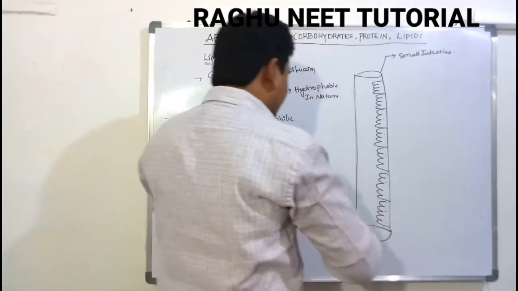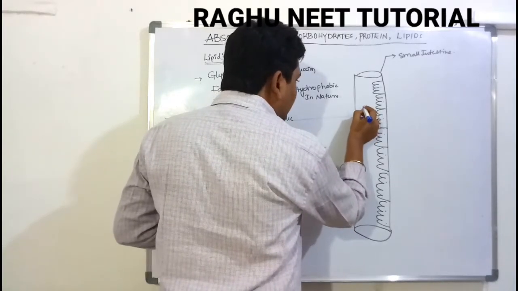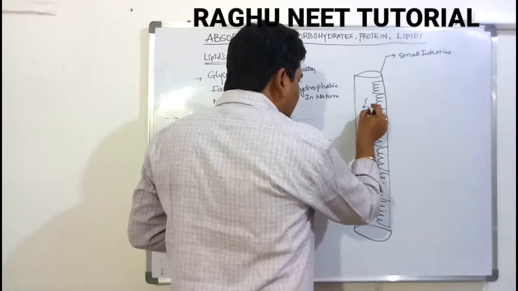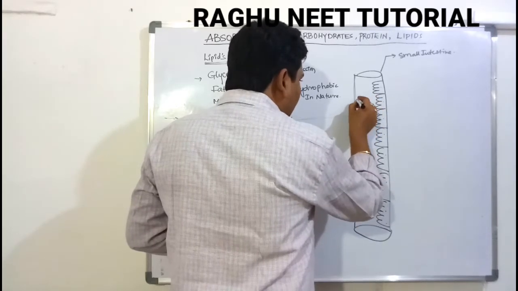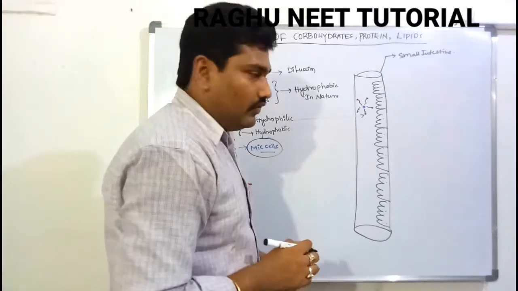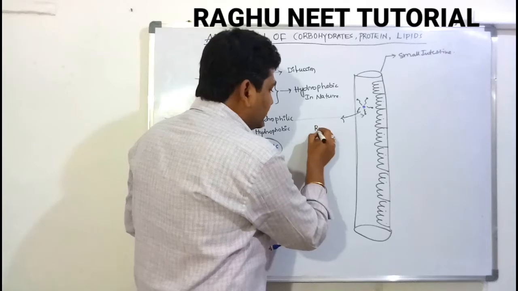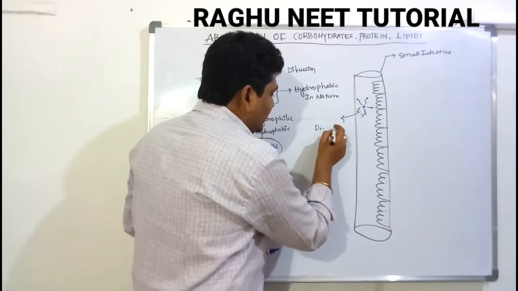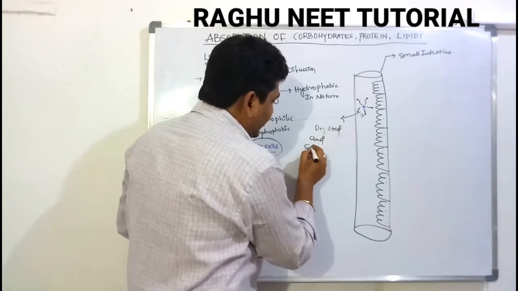Okay. So these micelles enter near the microvilli. That is known as a micelle. Near the microvilli, these are already digested and semi-fluid in nature.